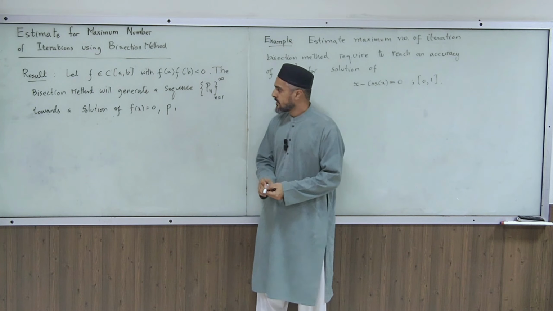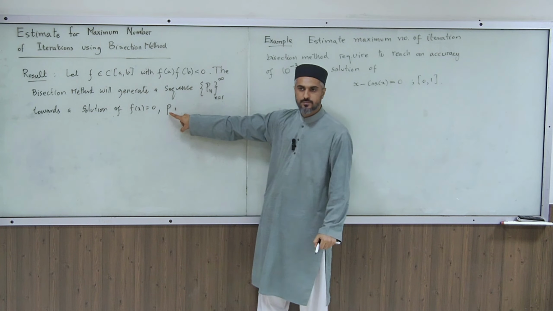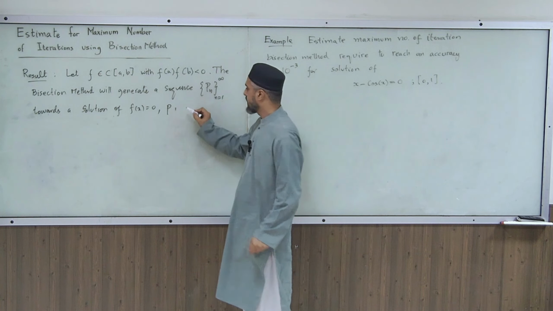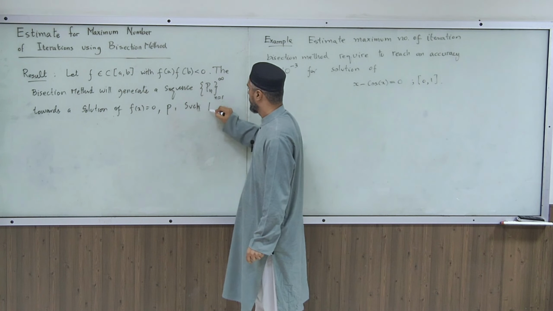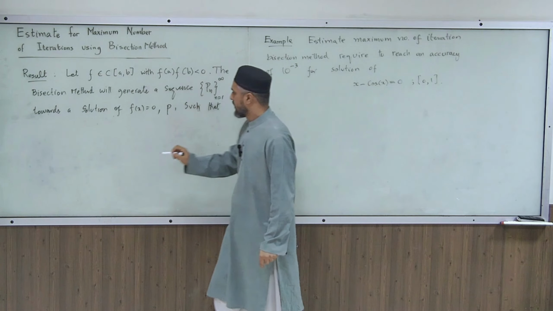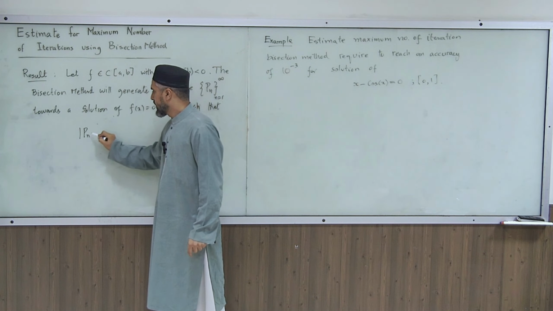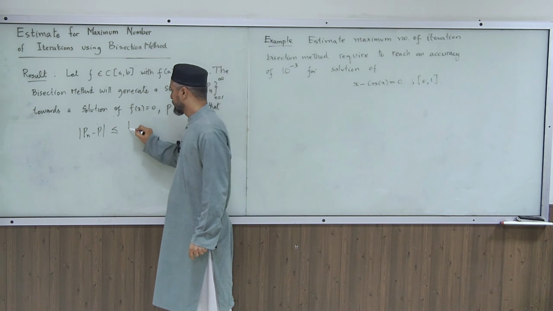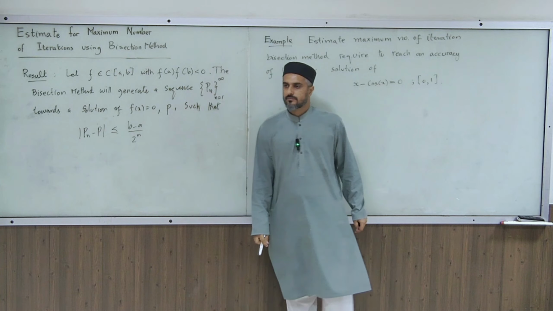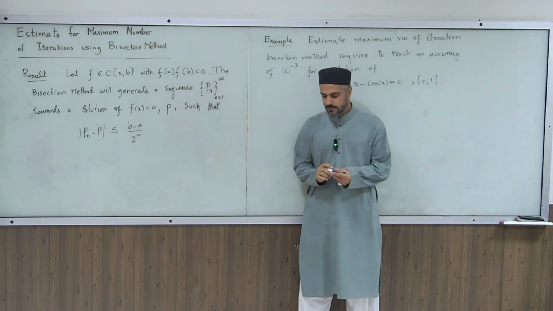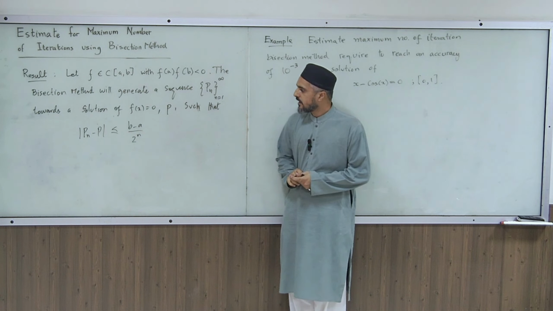Okay, so this sequence is going toward this point, such that |p_n minus p| is less than or equal to (b minus a) divided by 2 raised to the power n. Okay, so we have an inequality over here.